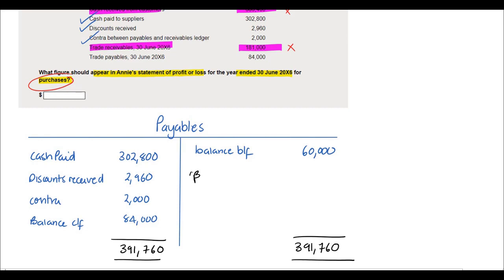The balancing entry, in order for this T account to work, will have to represent the purchases figure that will be on the credit side, and this amounts to the difference here of 331,760. Don't forget to add that number into the solution box provided in this question.